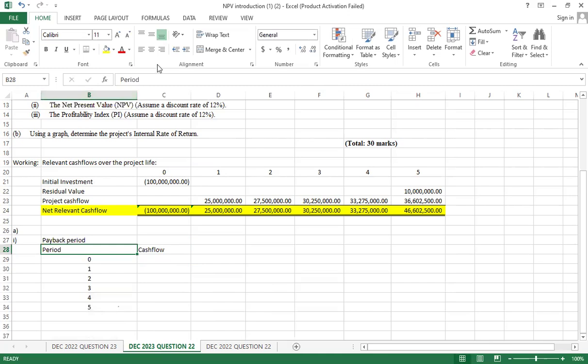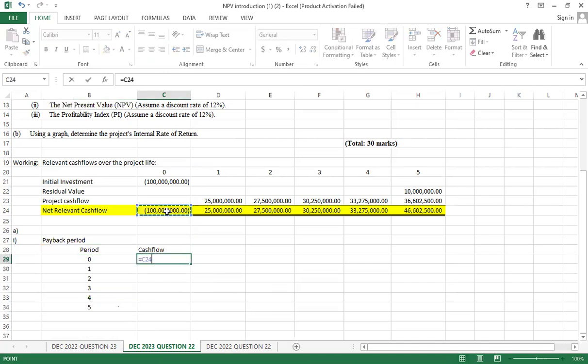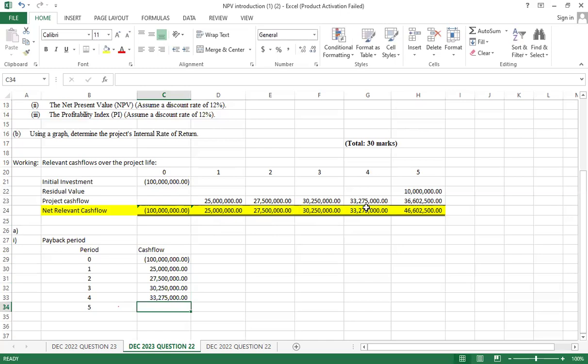Period 0 is minus 100 million, period 1 is 25, period 2 is 27, period 3 is 30, period 4 is 33, period 5 is 46. Those are the cash flows which we have.